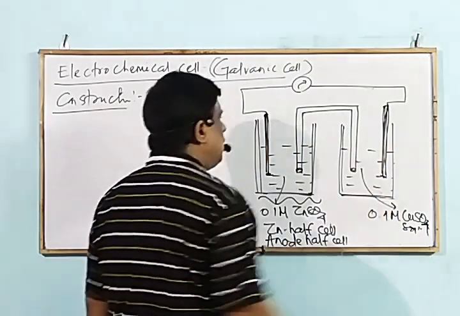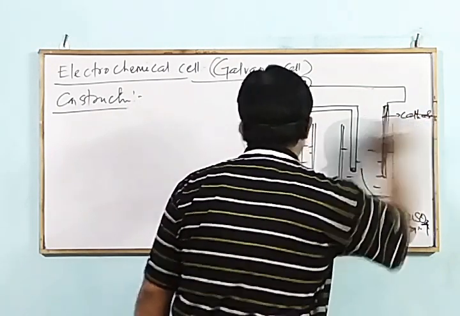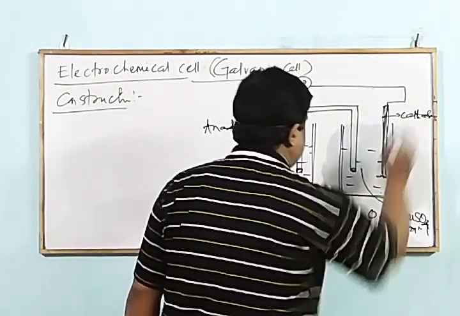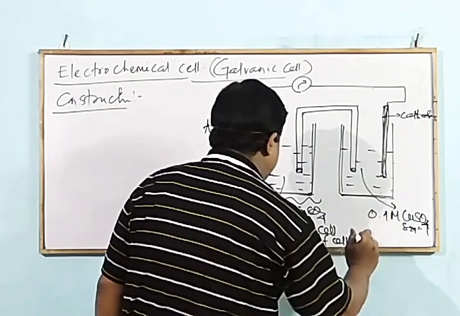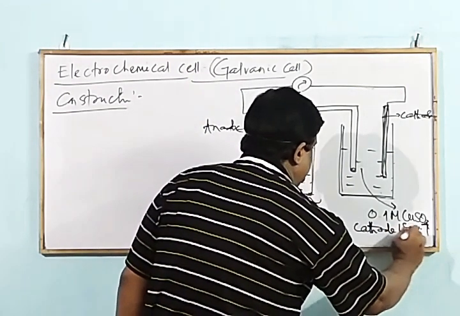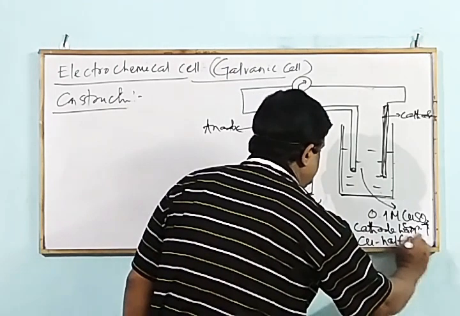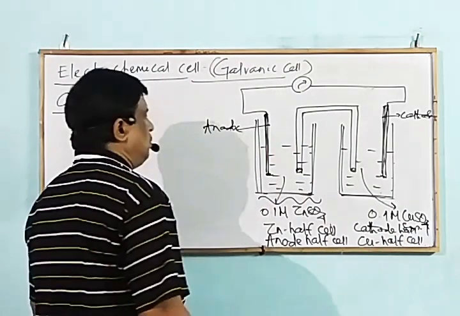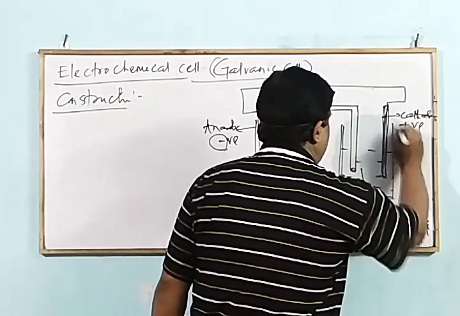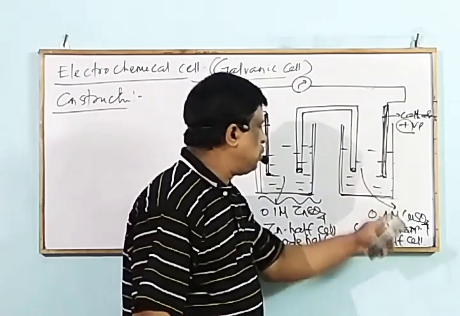As it is known as cathode, otherwise it is also known as cathode half cell or copper half cell. This one is negative, this one is positive, so otherwise it is also known as a negative half cell and a positive half cell.